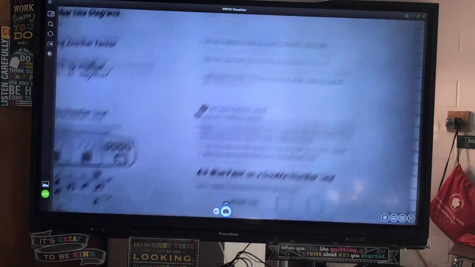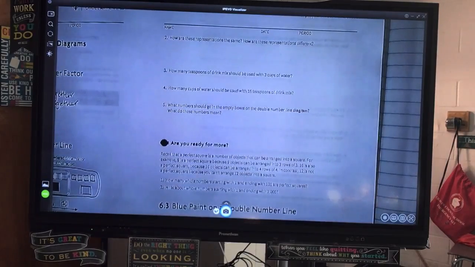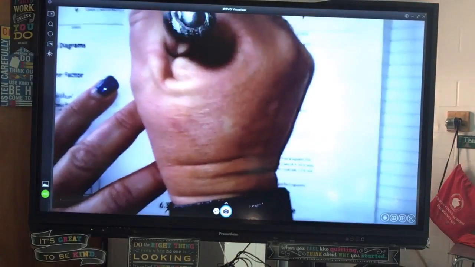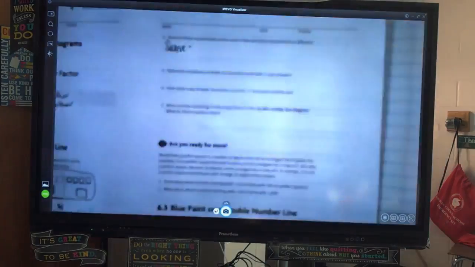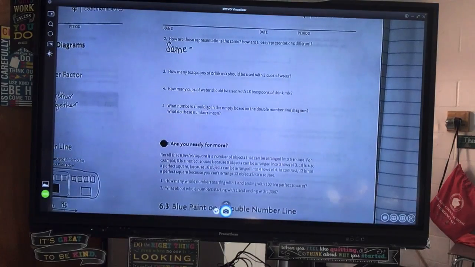All right, slide up to number 2. It says, how are the representations the same? How are the representations different? So the same, how are they the same? What did we do to get every one of those sets of ratios on the ratio double number line? Troy? We multiply by what? Or what did we multiply every single time?